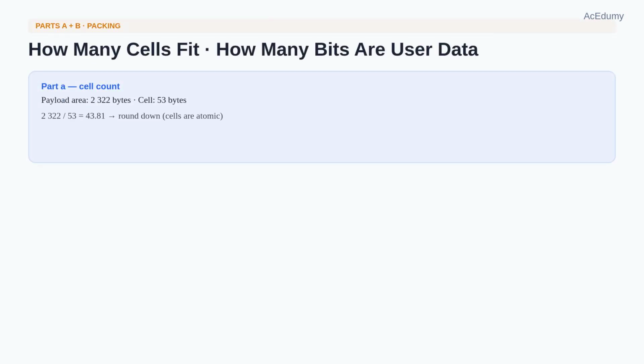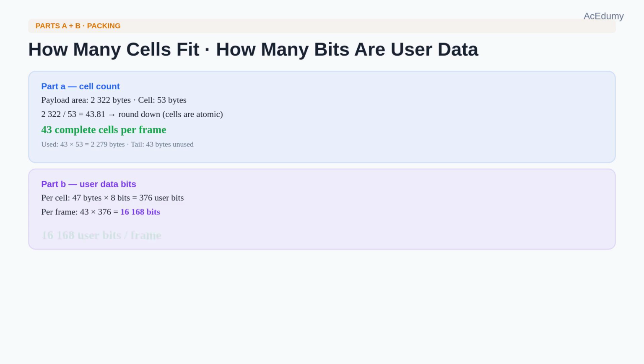Part A. How many cells fit in the payload? We have 2,322 bytes of payload area in one STM-1 frame. Each cell is 53 bytes. 2,322 divided by 53 equals 43.81. But cells are atomic. We cannot cut one in half.